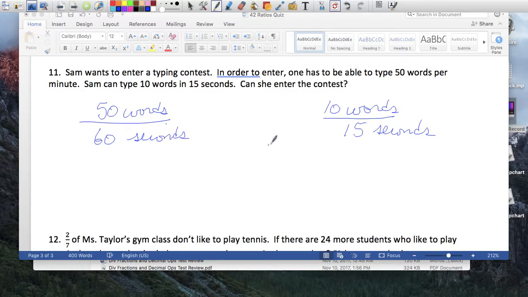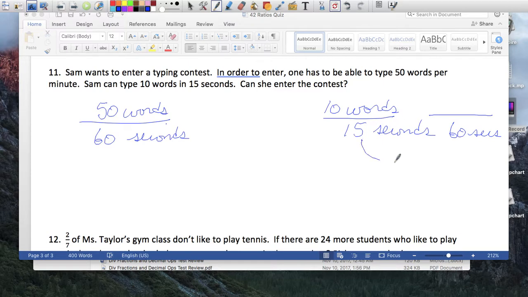That's what you need to do in order to enter this contest. Well, this is what you know about Sam. Let's see what Sam would do in 60 seconds. Assuming she doesn't get tired and can keep up the same speed, in 15 seconds she can type 10 words. In 30 seconds it'd be 20 words. In 45 seconds it'd be 30 words. In 60 seconds it'd be 40 words.